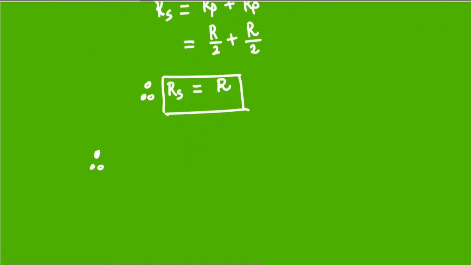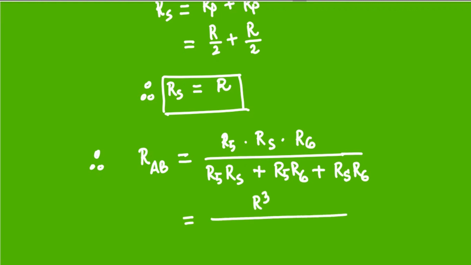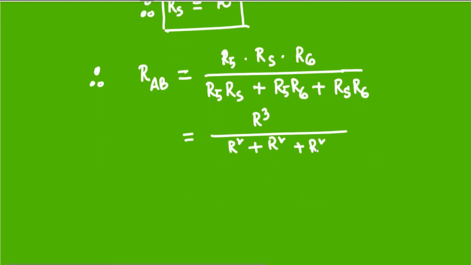Now, the equivalent resistance between the 2 points A and B will be Rab equal R5 into Rs into R6 divided by R5 Rs plus R5 R6 plus Rs R6. Here R5, Rs, R6 are connected in parallel combination between the 2 points. Now putting the values of R5, Rs and R6, we get R cube divided by R square plus R square plus R square.